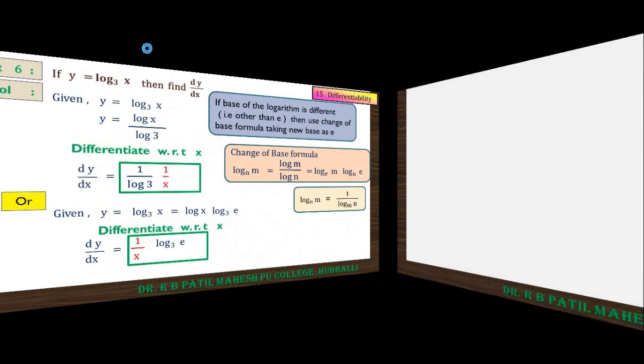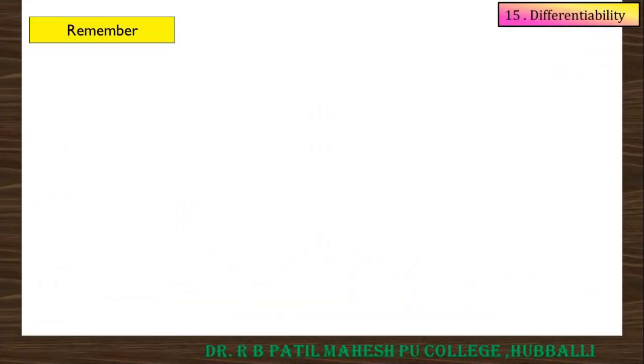Okay, I give you the general formula now. Remember, if y is equal to log x to the base a, then dy by dx is given by 1 by x into log e to the base a. I explained this product answer. It is very simple. In this example, you take the x as e.